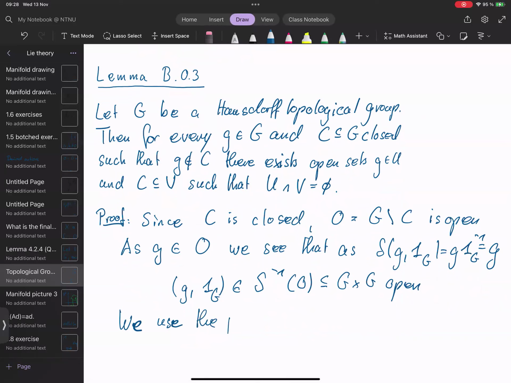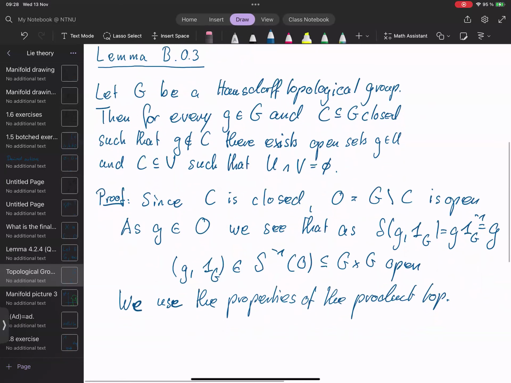And now we use the properties of the product topology to find open sets.